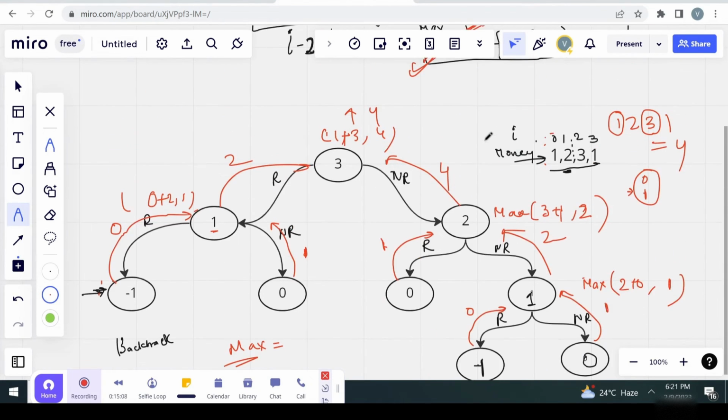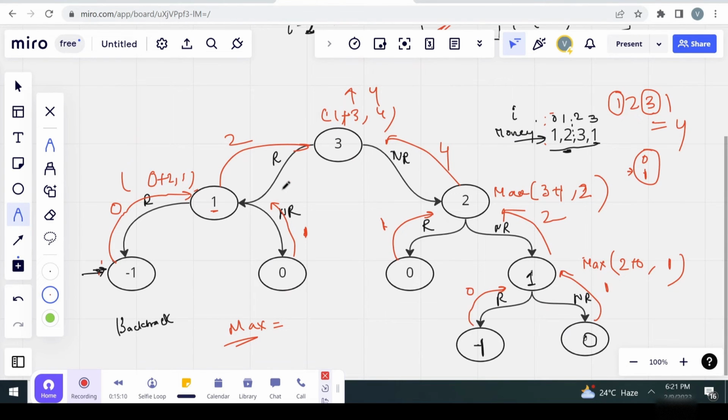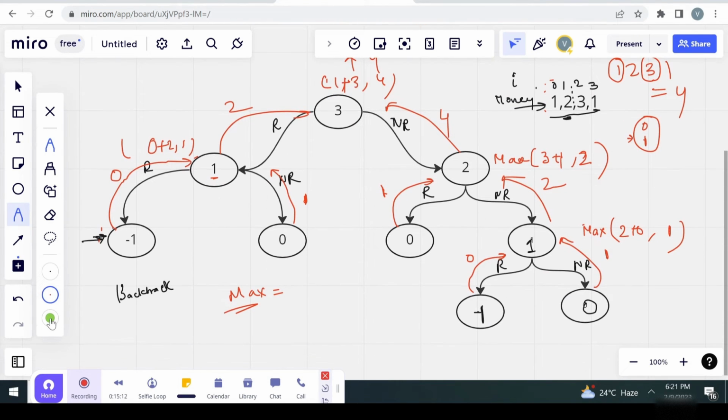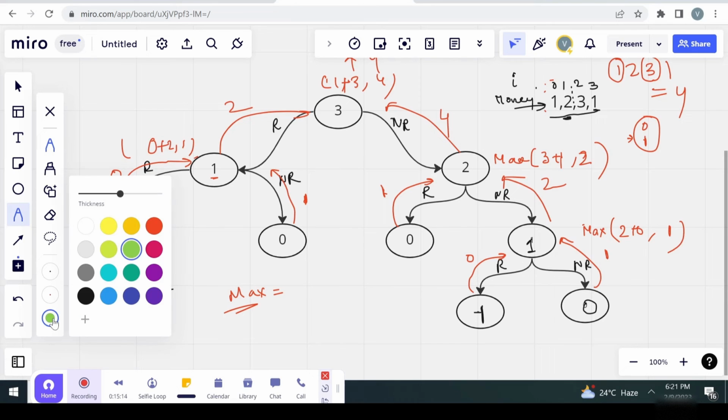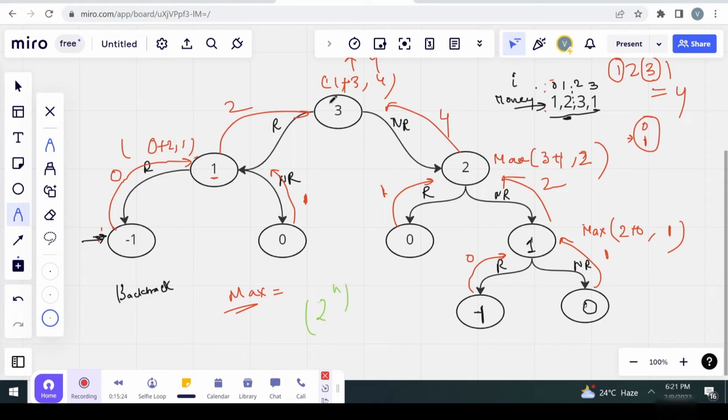Now important point, what is the time complexity? Time complexity will be 2 to the power n, because we are branching out 2 times, either picking or not picking.